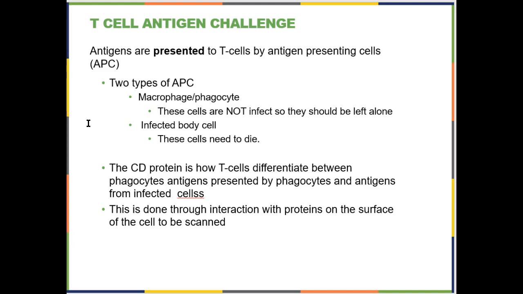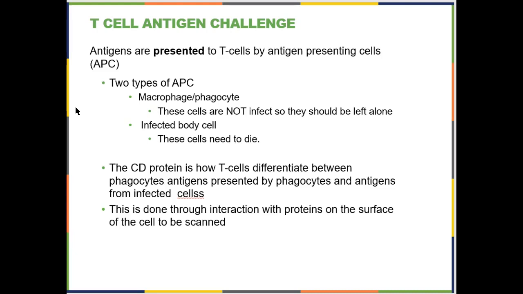So when it comes to antigen challenge, what you need to know is that T cells do not just bump into antigens that are freely floating in the bloodstream the way the B cells do. They have to have another cell in the body present the antigen to them. Any cell in the body can be an antigen presenting cell.